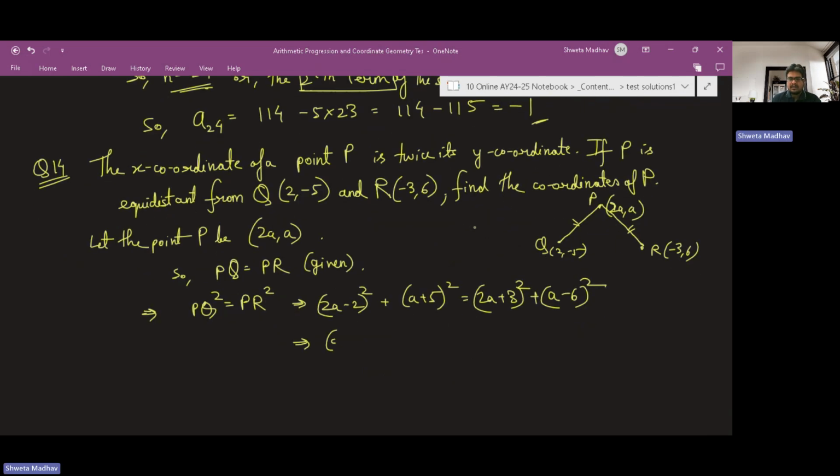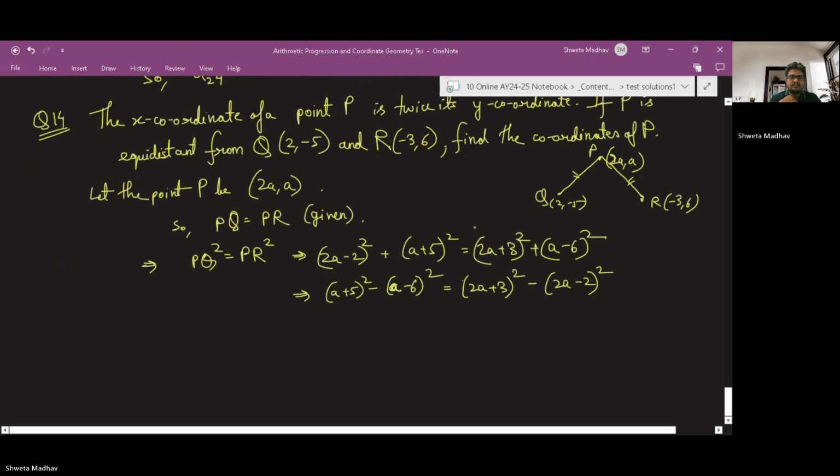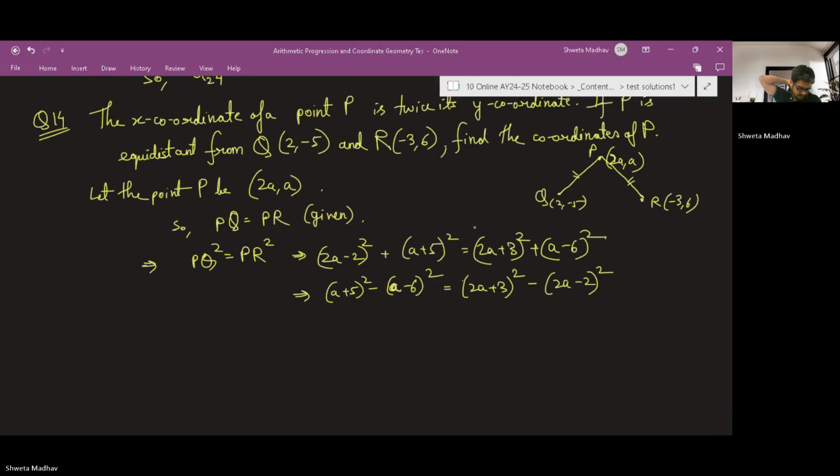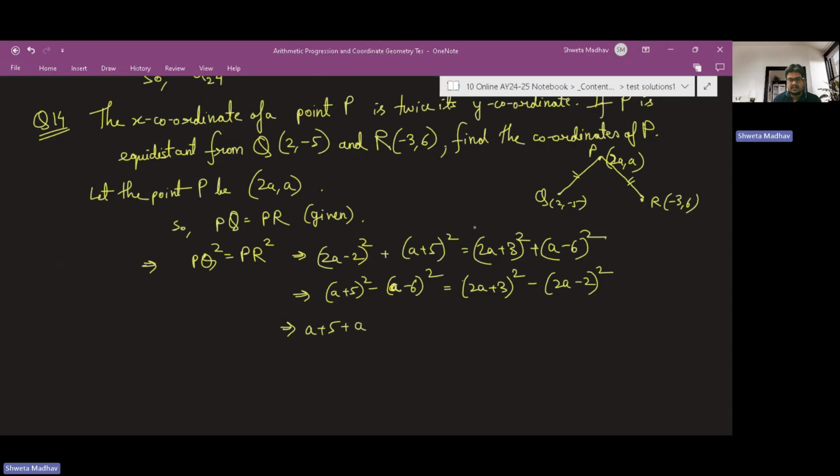Which means that a plus 5 whole square minus a minus 6 whole square will be equal to 2a plus 3 whole square minus 2a minus 2 whole square. So hence we can say that a square minus b square is a plus b into a minus b. So that will be a plus 5 plus a minus 6 into a plus 5 minus a plus 6.